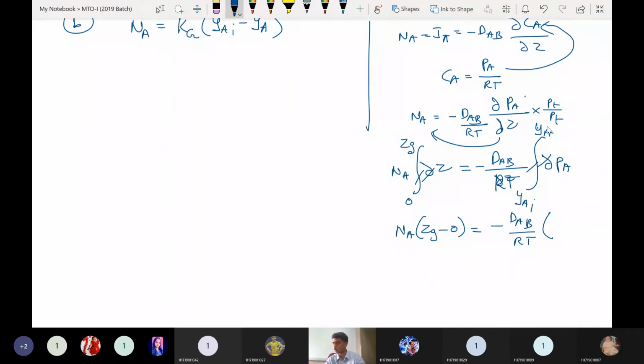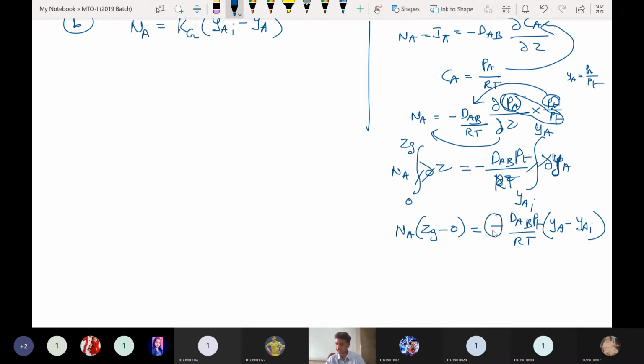There is no harm in doing this. This PT we can take outside the derivative, and PA by PT. We know that YA is equal to partial pressure divided by total pressure. Therefore we can write dYA; PA by PT is nothing but YA. Here PT extra will come. Then upper limit is YA, lower limit is YAI.